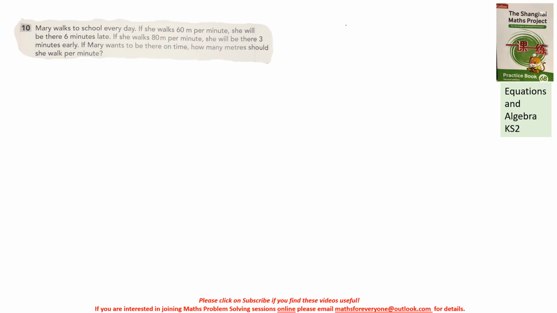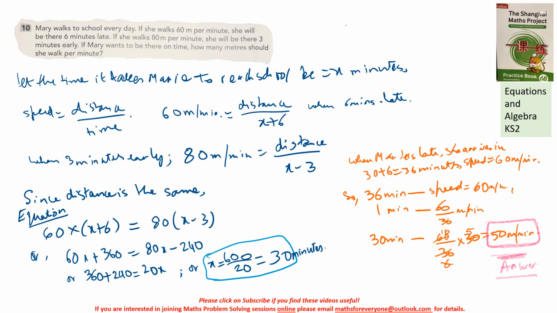So again, we will do something similar to what we did in the last question. We will assume that the time it takes Mary to reach school is x minutes. Now we know the speed is distance divided by time.